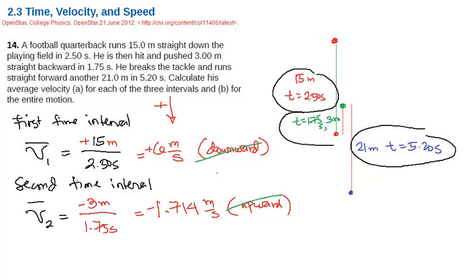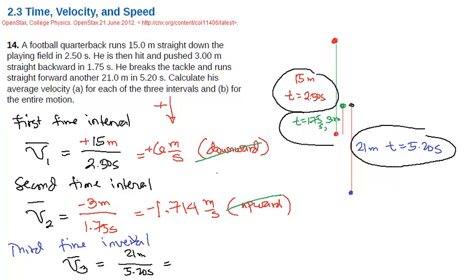And lastly, for the third time interval, again we are expecting the velocity to be positive because he's now moving down the playing field again. So let's call the average velocity v3. He was able to travel 21 meters, positive because this change in position is downward, the one we assumed positive, over 5.20 seconds.